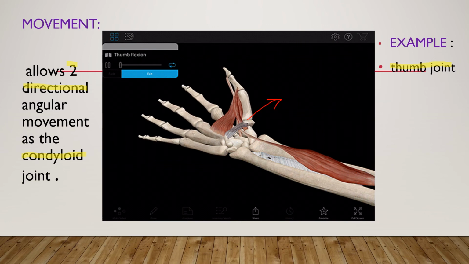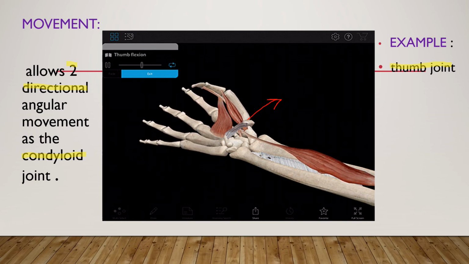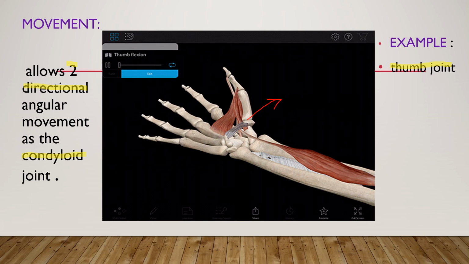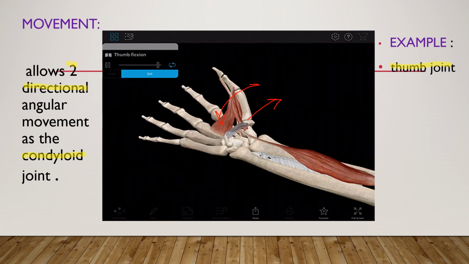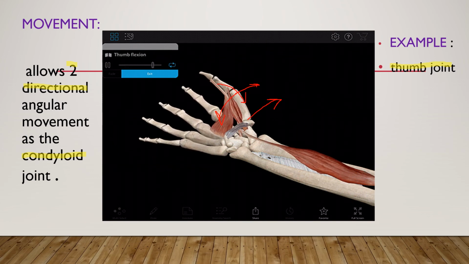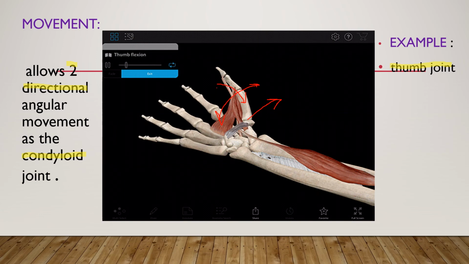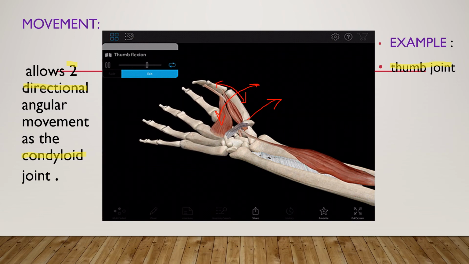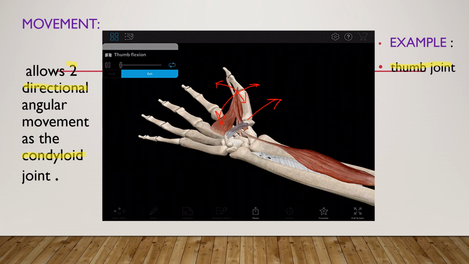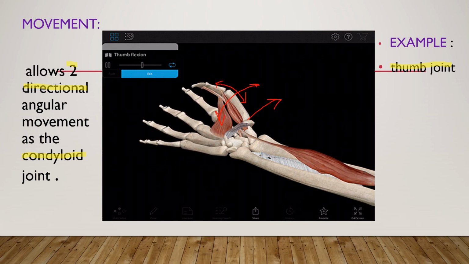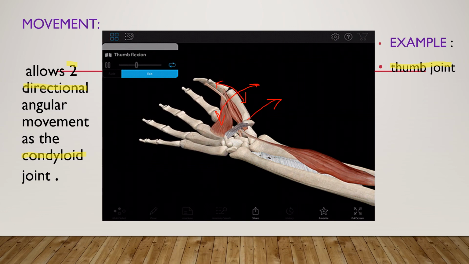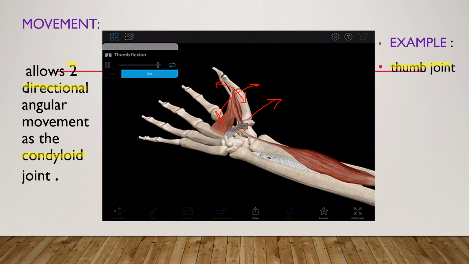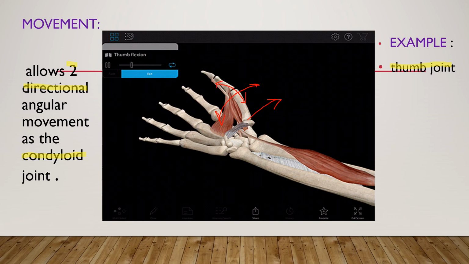The thumb joint moves in the backward and forward direction, and also in the upward and downward direction. So this is a clear example of the saddle joint. You can also move your thumb in two directions, and you will easily understand this by moving your thumb.